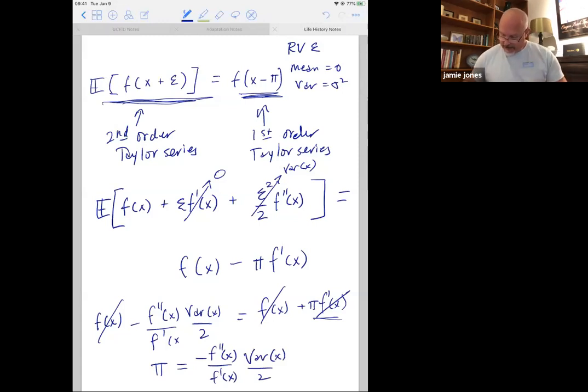And we should recognize what this first term is: minus f double prime of x over f prime of x is the Arrow-Pratt index. I said it was mathematically convenient to normalize it by that first derivative. And so we can rewrite it in the form you usually see it, as, we'll call it A of f, that's our Arrow-Pratt index for the fitness function f, times sigma squared, because the variance of our random variable is sigma squared, over 2.